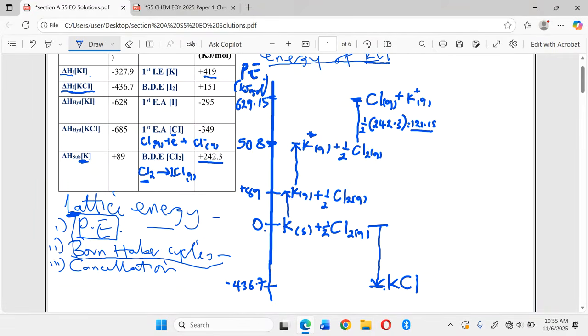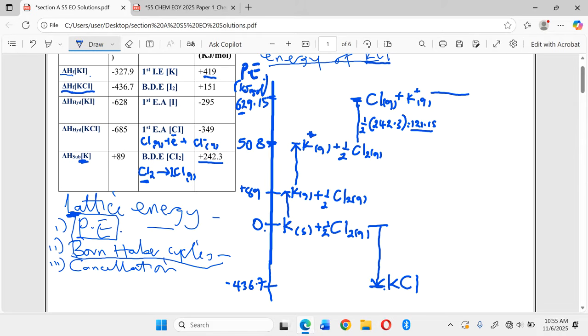But which value did they give us? Negative. Which means here we are going to subtract on this total that we have gotten here. Okay, we add, but of course when we add this, it will be like minus 347. Get your calculator, and when you get 629.15 minus 349, what do we get?